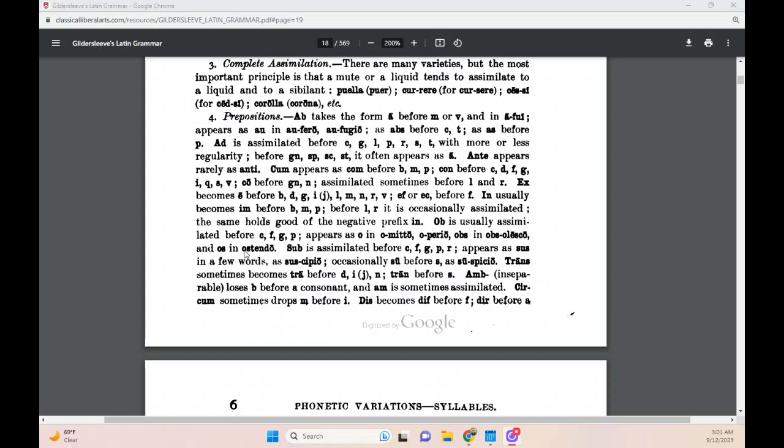So the first syllable will just be the vowel O. Then we've got two more consonants here between the E and the O. These two consonants do not begin a word, so we'll divide the syllables between those two consonants. The second syllable will be sten, and then the third syllable will be do.